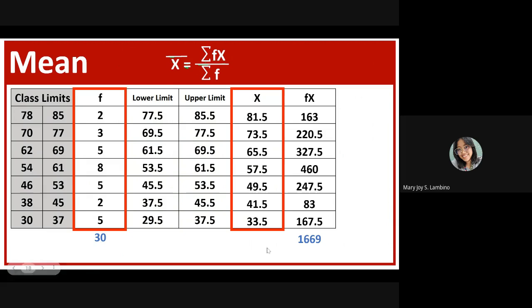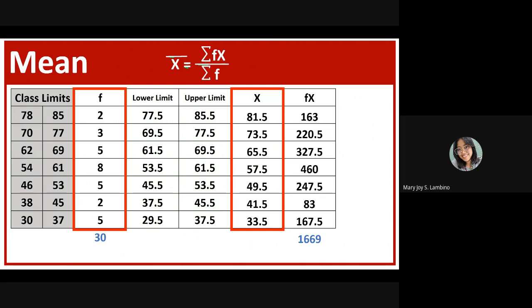So our answers are 5 multiplied by 33.5 is 167.5. 2 times 41.5 is 83. 5 times 49.5 is equal to 247.5. 8 times 57.5 equals 460. 5 times 65.5 is equal to 327.5. 3 times 73.5 is equal to 220.5. And 2 times 81.5 is equal to 163.